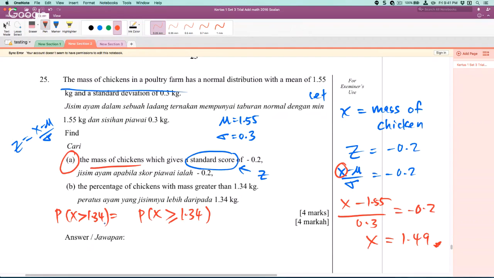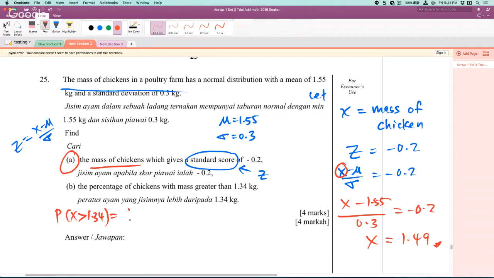Both are the same idea, only in this topic. So you don't need to worry whether you draw the equal sign or not. But since it's greater than, if you want to make this very logical, you don't put the equal sign. Greater than means larger than, means bigger than.